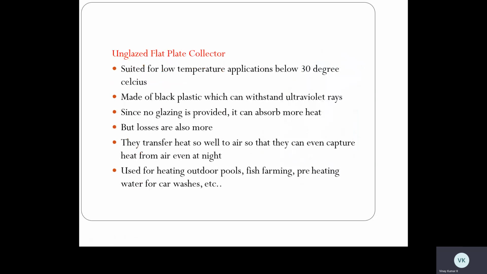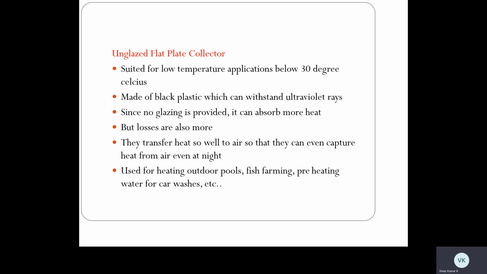And these are made of black plastic which can withstand ultraviolet rays. These unglazed flat plates have black plastic, which is used as the absorber and can withstand the ultraviolet rays.